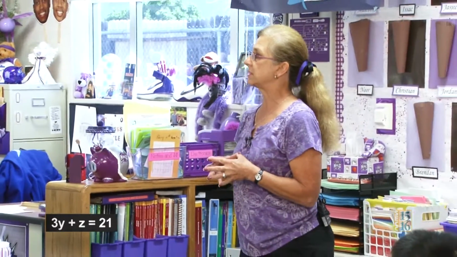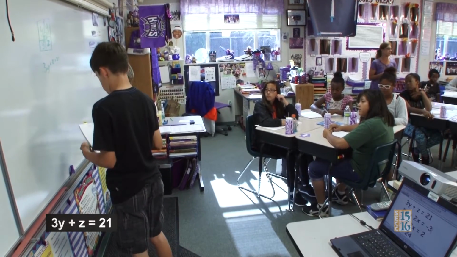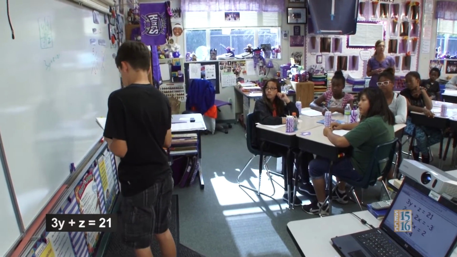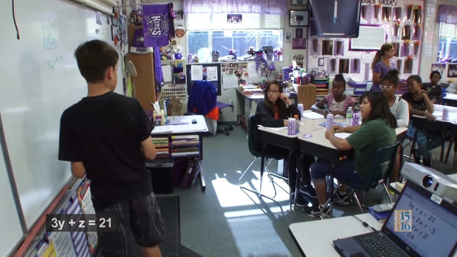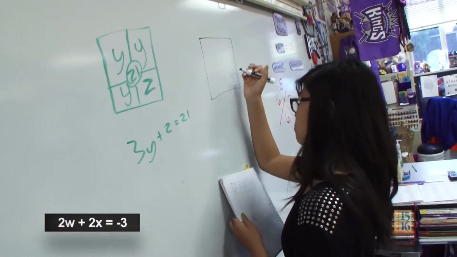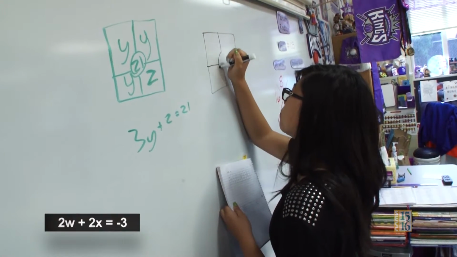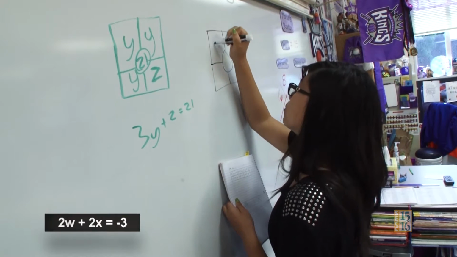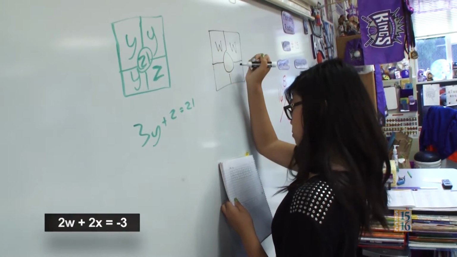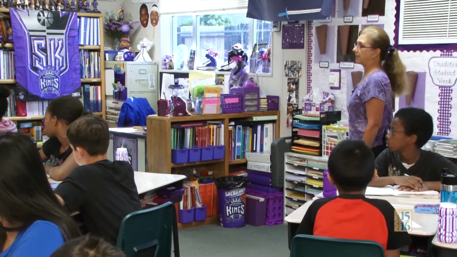On his picture, does he show 3 y's? Yes. Does he show a z? Does he show that his total equals 21? Is he good to go? Okay. Good job.